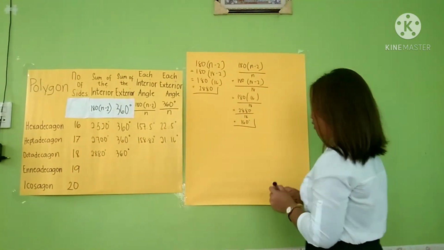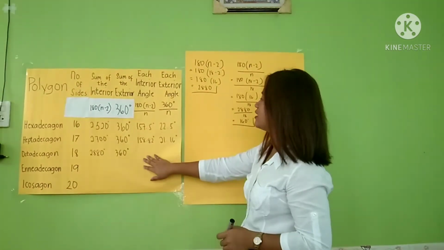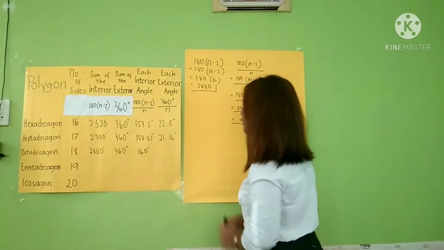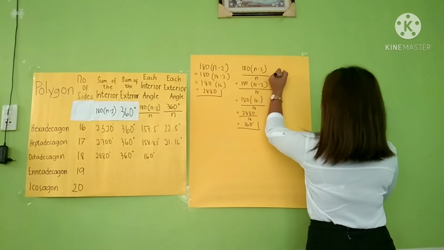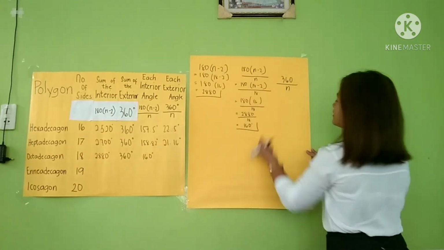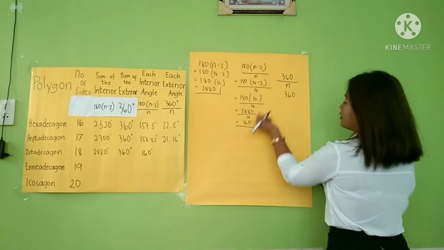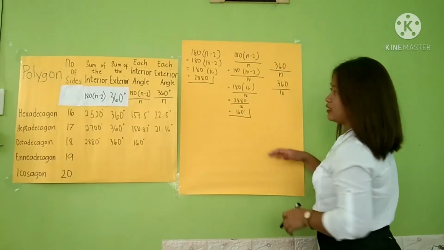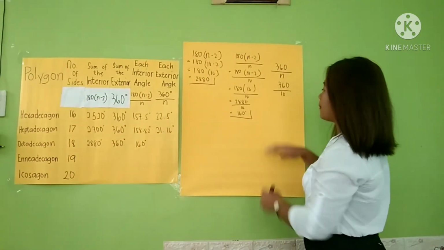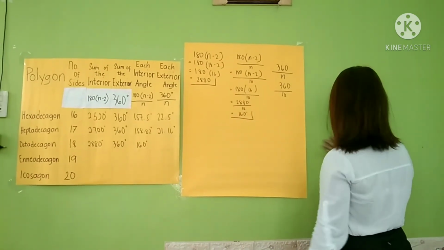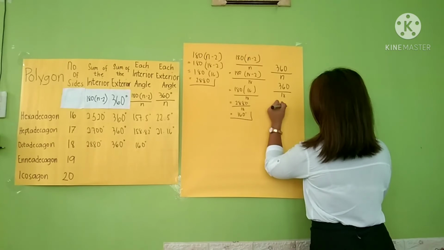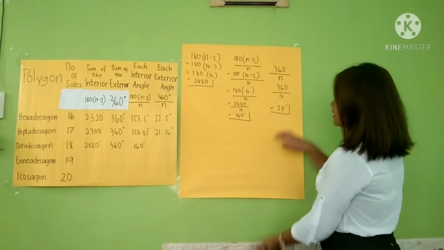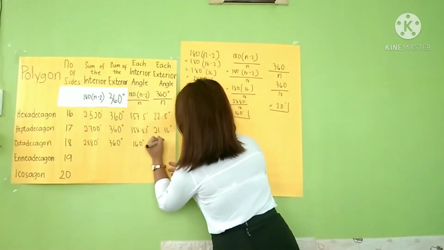We can write it here in the table. Then 360 divided by n. 360 divided by 18, since the number of sides is 18, is 20. Each exterior angle is also 20 degrees.